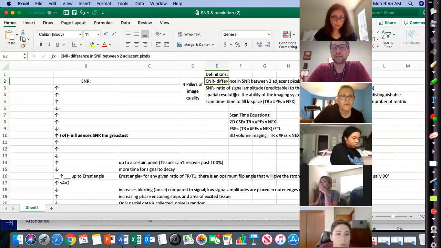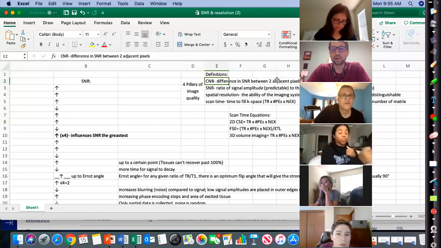Spatial resolution by definition is the ability of the imaging system to detect 2 points as separate and distinguishable. So the definition for spatial resolution is no different from X-ray. Can I distinguish 2 specific points? If you're looking at an image, if you have a grainy image, you have low SNR.